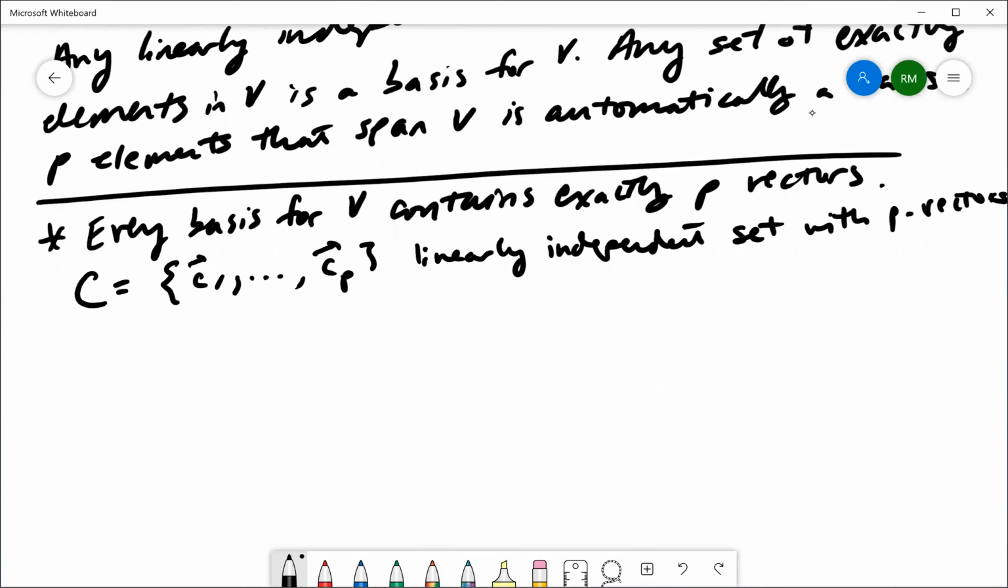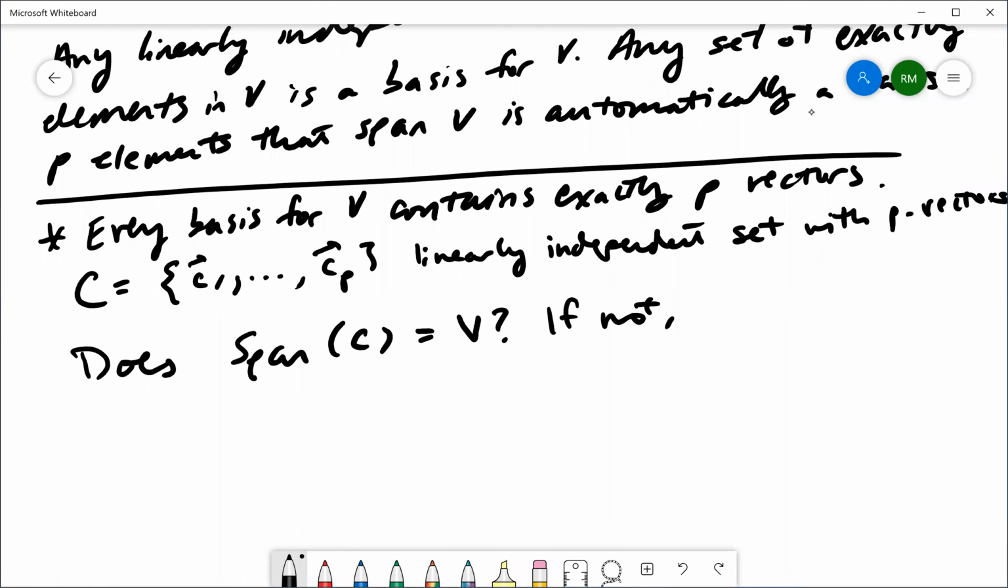And we want to know, does the span of C equal V? Well, let's say it doesn't.